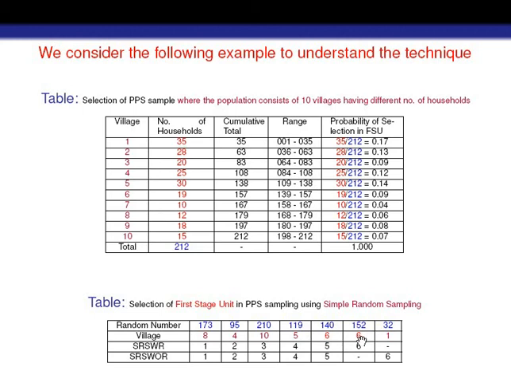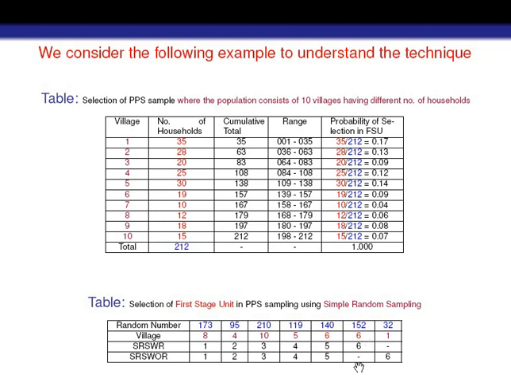If we want to select the cluster by using simple random sampling without replacement, what will we do? We consider 8, 4, 10, 5, 6, and then we will not consider this second 6.